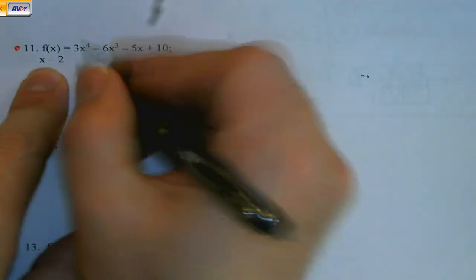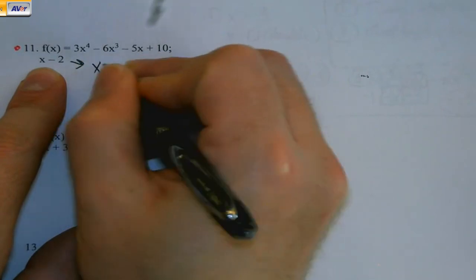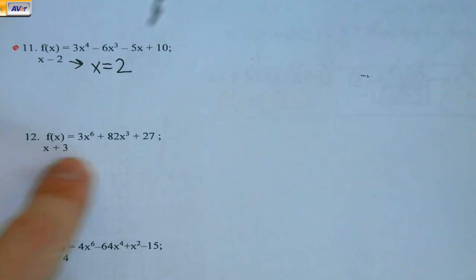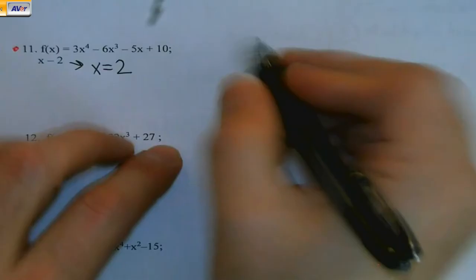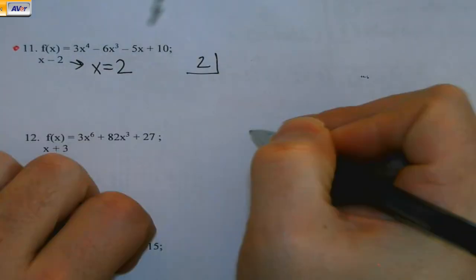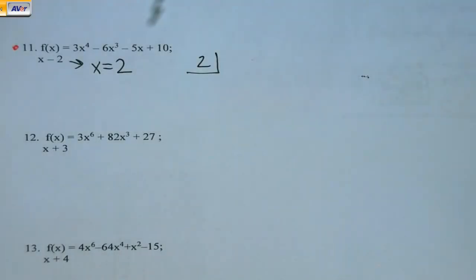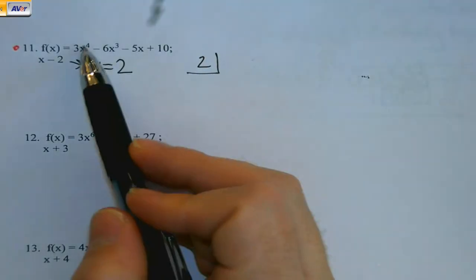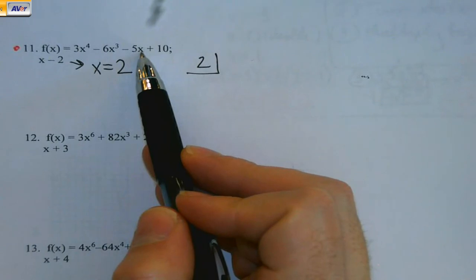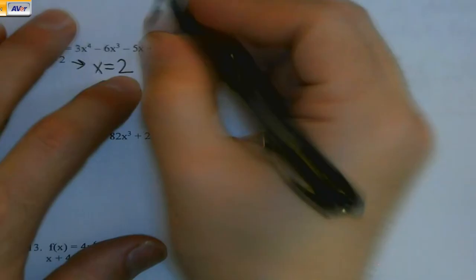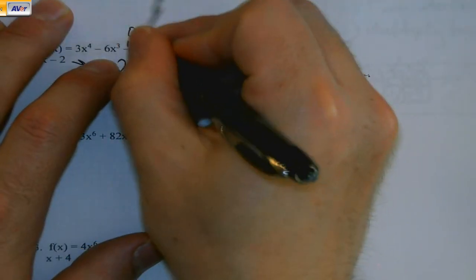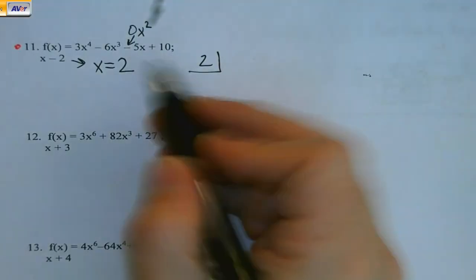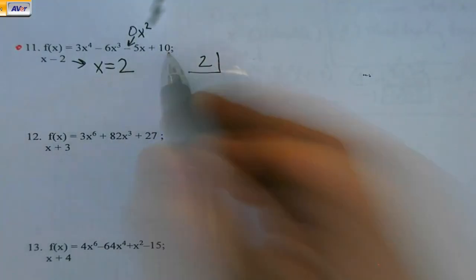Number 11. Okay, I look at x minus 2, and I go, all right, switch the sign. So for instance, if we were doing number 12, that would be x equals negative 3 that we're going to use. So I get my 2 in here. Look for gaps. 4, 3, 2, 1, 0, or constant.